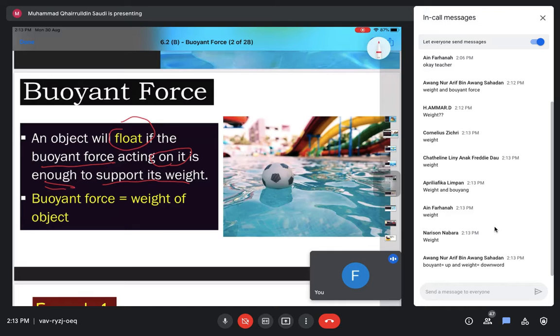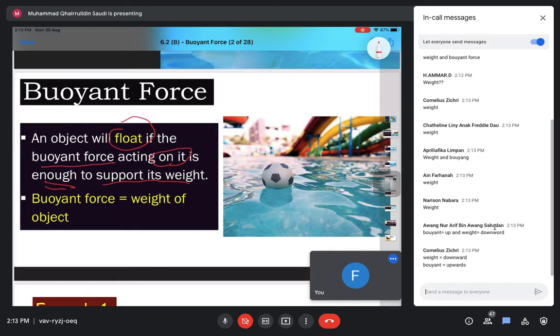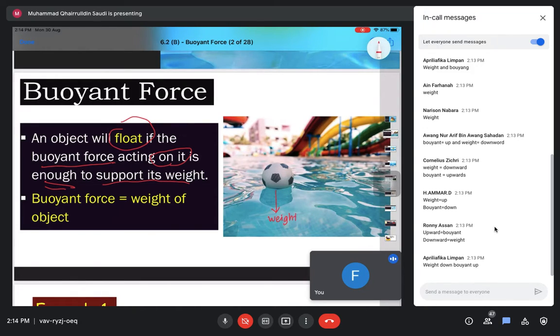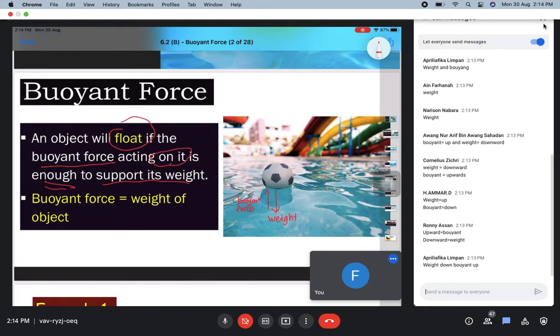Buoyant force up, weight down. Okay, good. If we are about to draw the force, the force that is acting on the ball downwards is weight, while the force that is acting on the ball upwards is buoyant force. So buoyant force is always acting upwards, ke atas. Good, thank you.